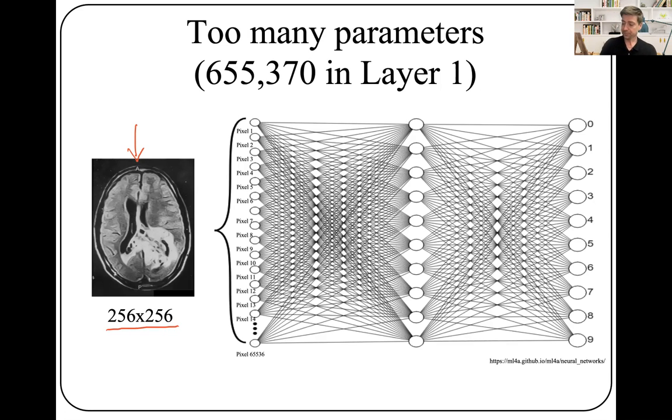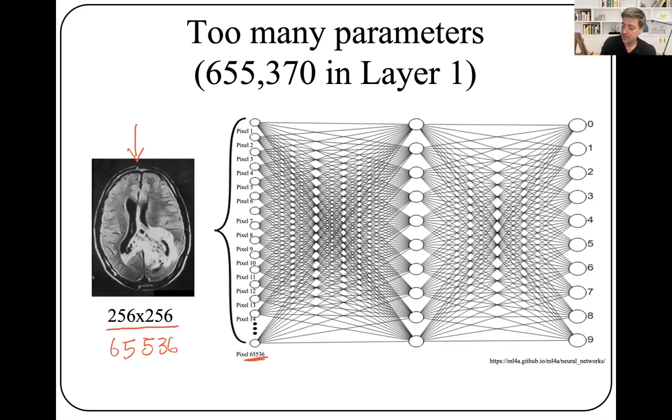Well, now we have 65,536 pixels. If you take 256 by 256, you get 65,536.